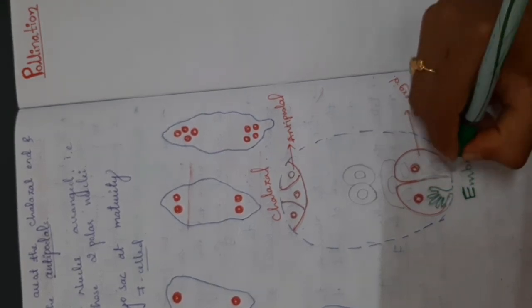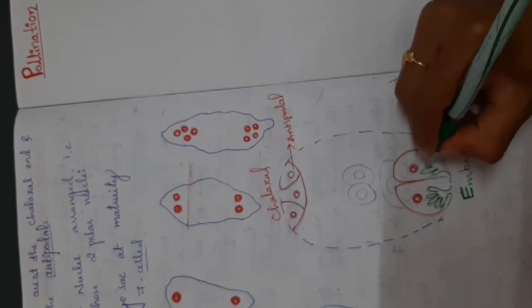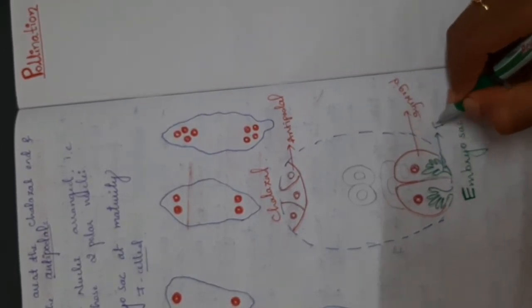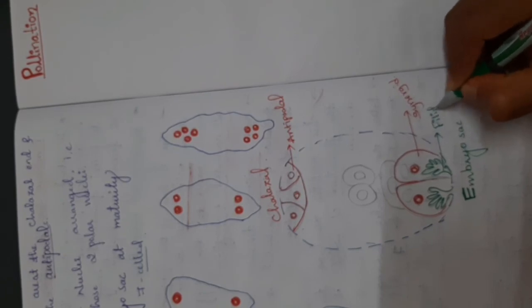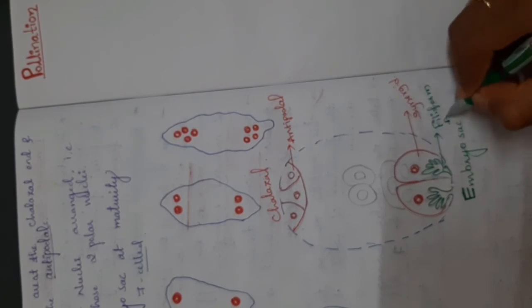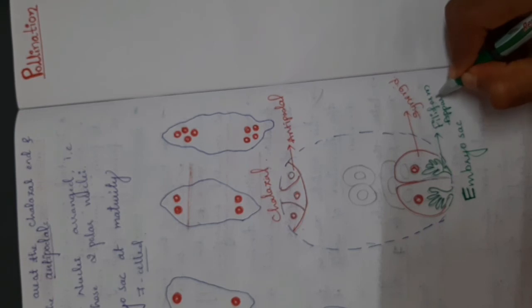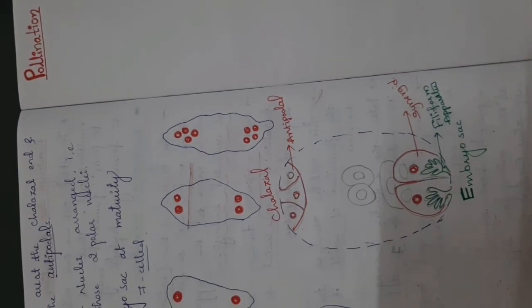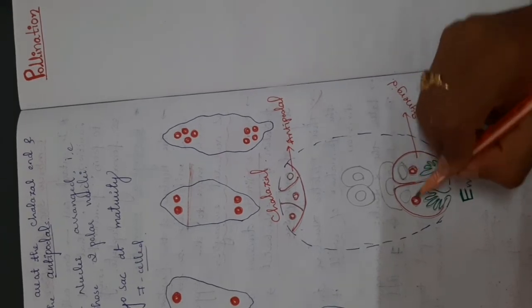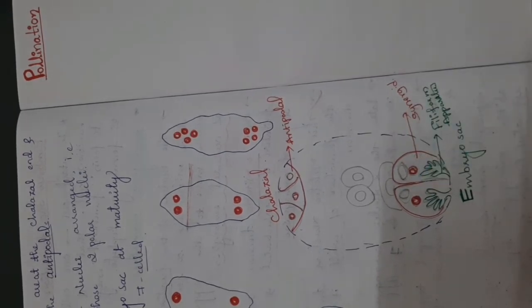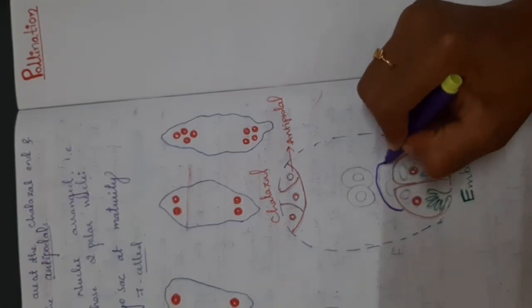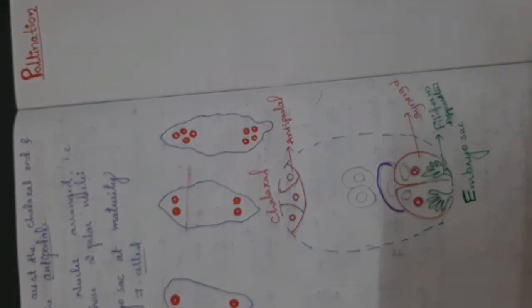You can see finger like projections, those are called as filiform apparatus. In the synergid cells you can see the vacuoles. These are the vacuoles. Okay, at the upper side of the synergid cells you can see the egg cell.